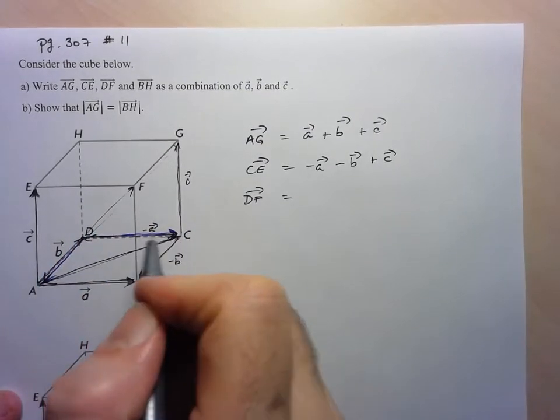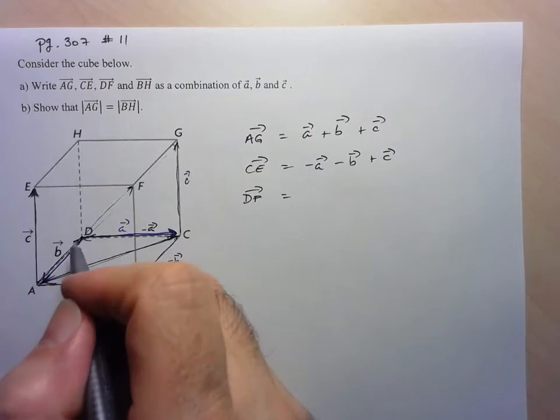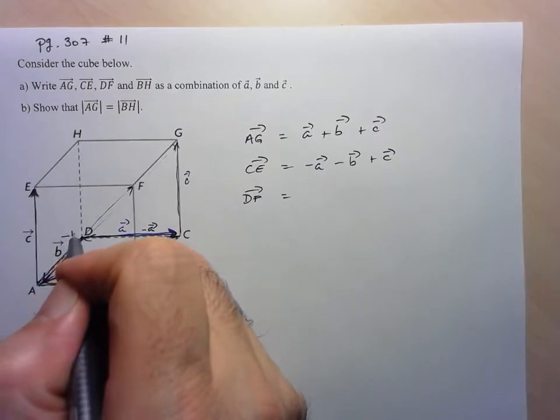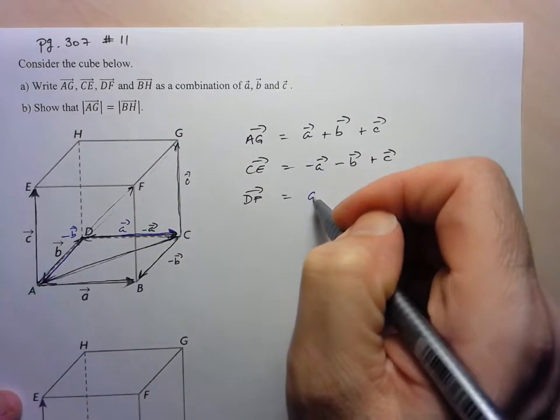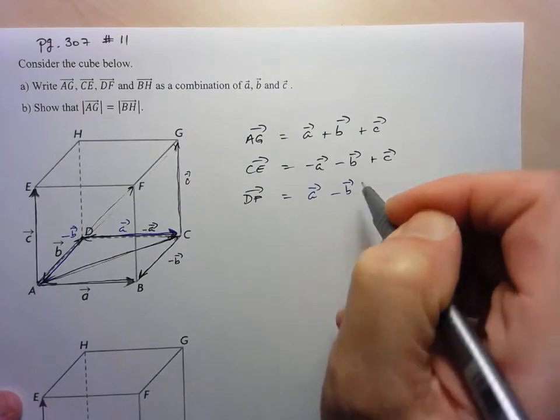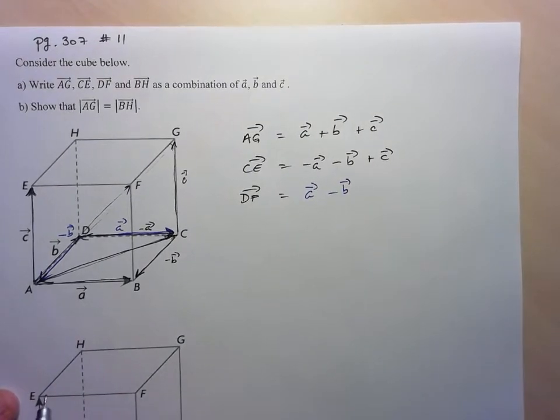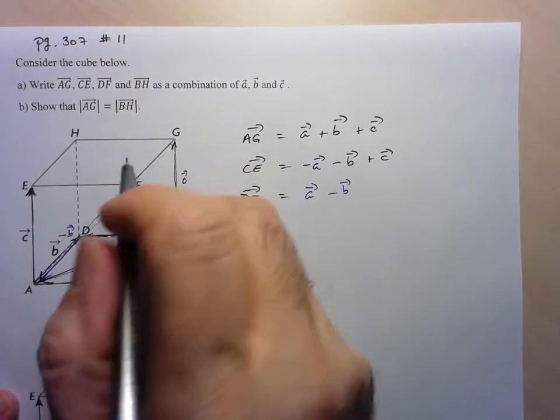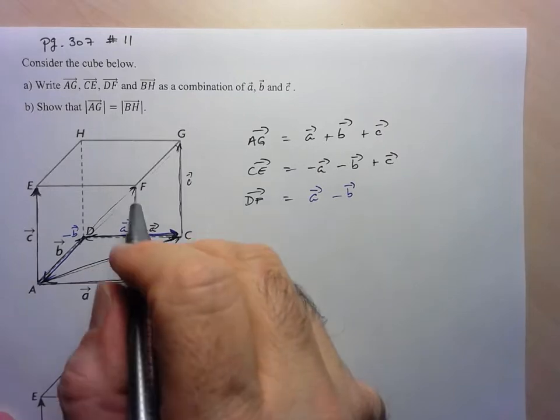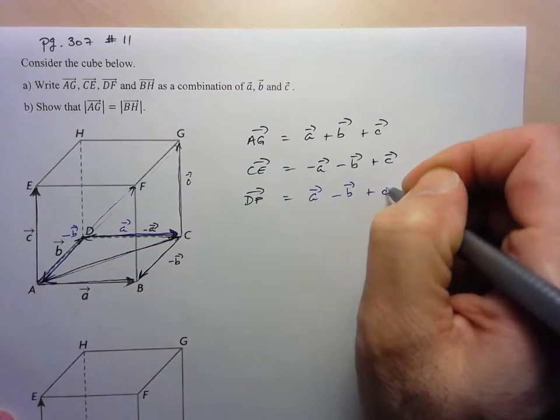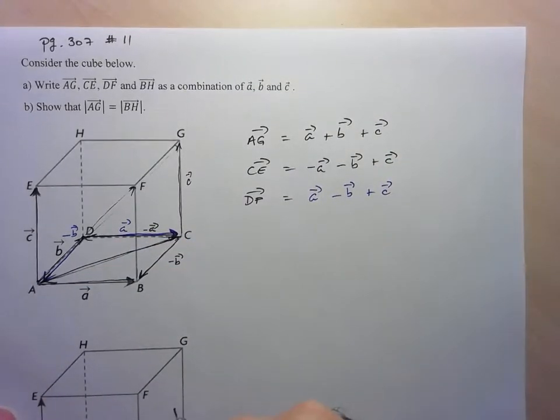This vector here is just the vector A, and this vector here is just negative B. So A minus B, because adding the negative is the same as subtracting. And again, I'm just going to add this vector C, which I've moved along there, to get to F. So plus C. Okay.